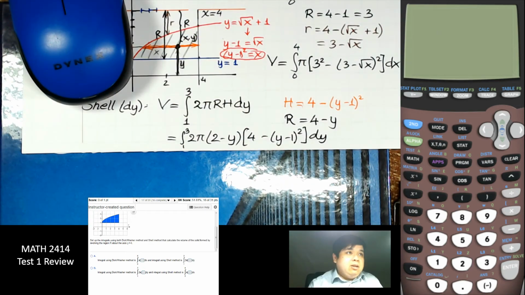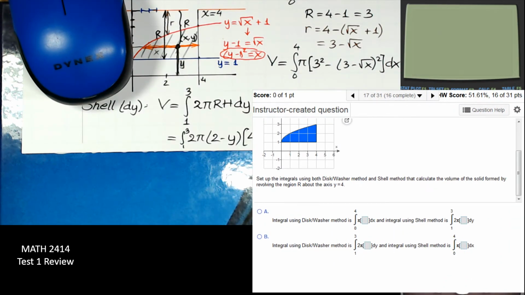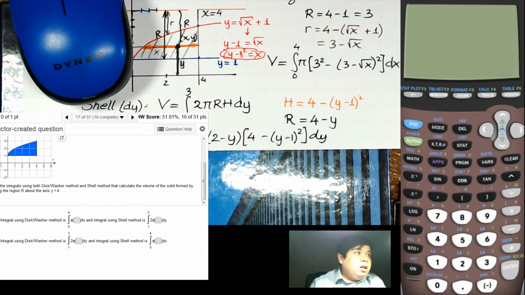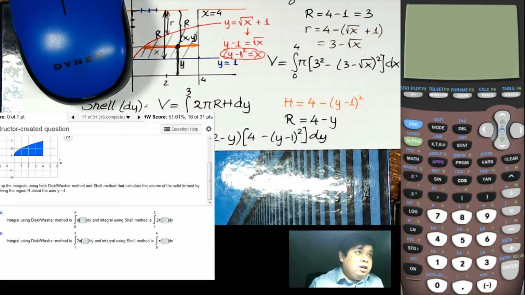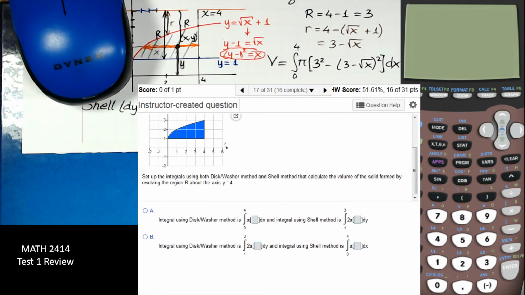Let's see if I got the correct answer here. Right, so this washer method is going to be dx. That's the first one. We have the dx and the pi already.